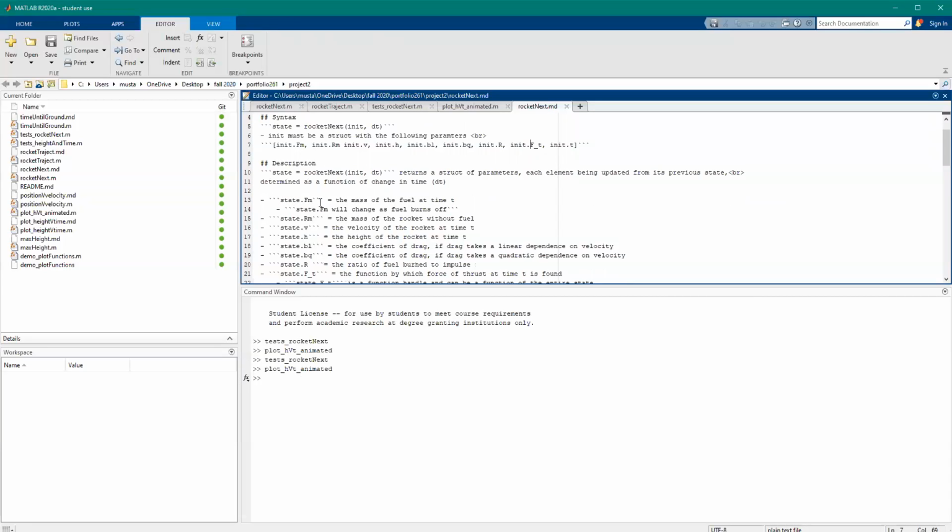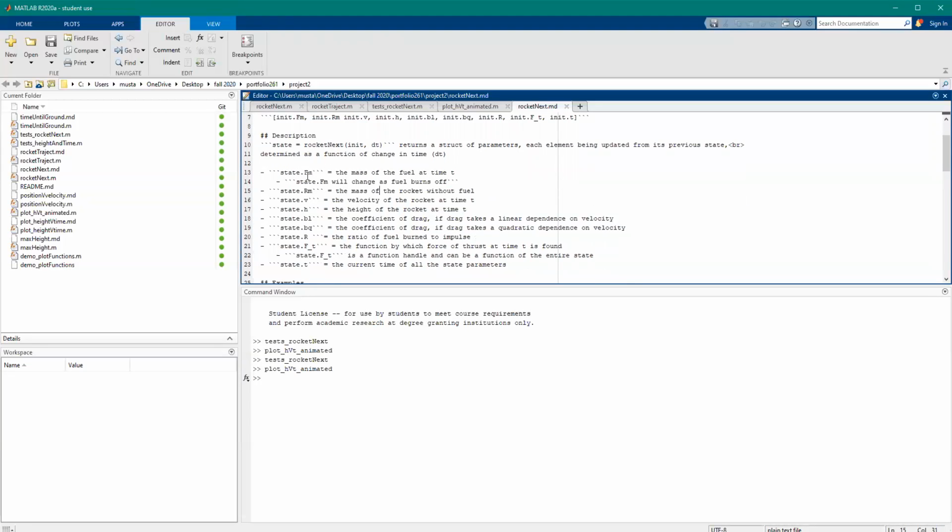So a quick description: state equals rocket_next and dt returns the structure parameters, each updated from its previous state, determined as a function of change in time, delta t. So the state fuel is the fuel mass at time t. It'll change as fuel burns off.